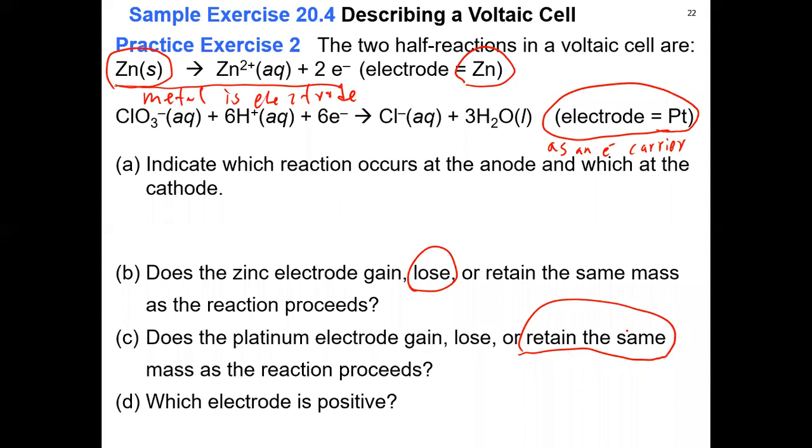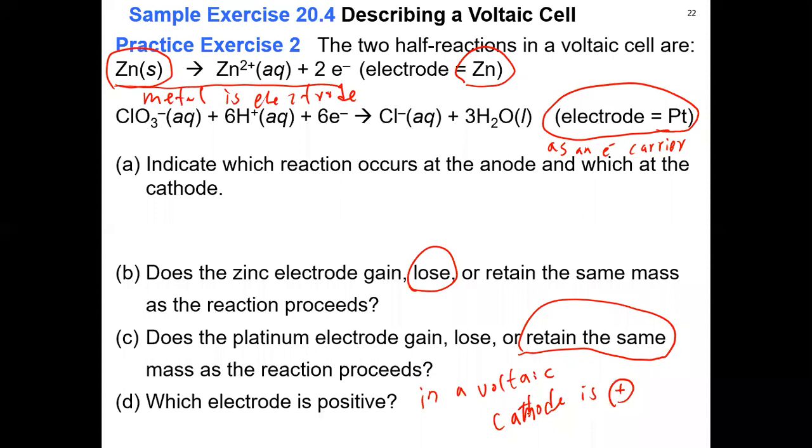Okay, so then which electrode is positive? In a voltaic cell, positive and negative depend on what kind of cell. Voltaic cell means a cell that produces current or electricity. So in this voltaic cell, the cathode is positive.